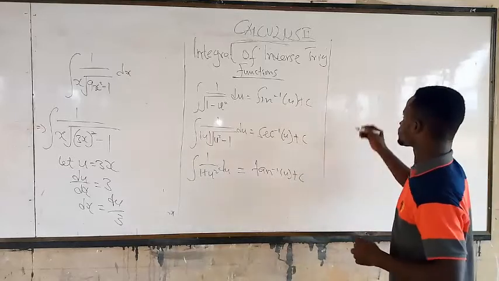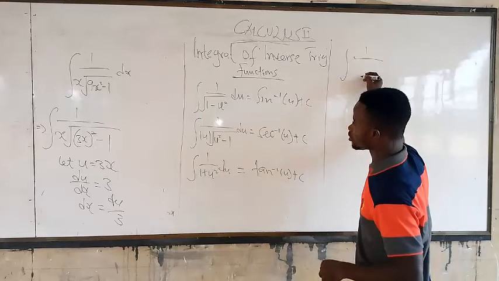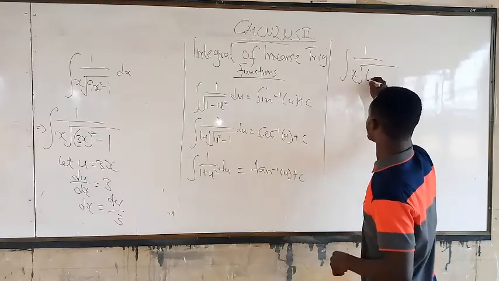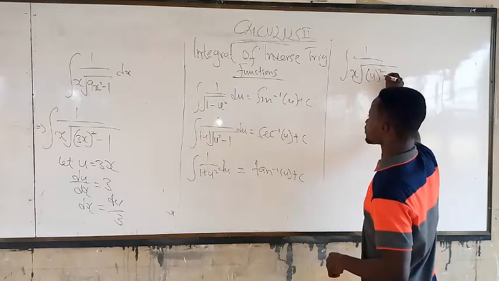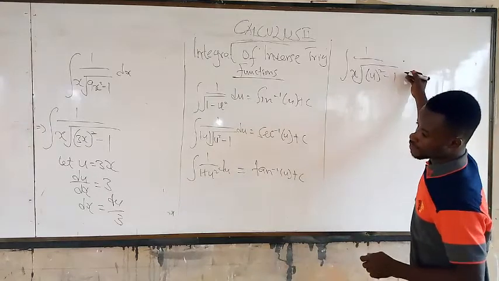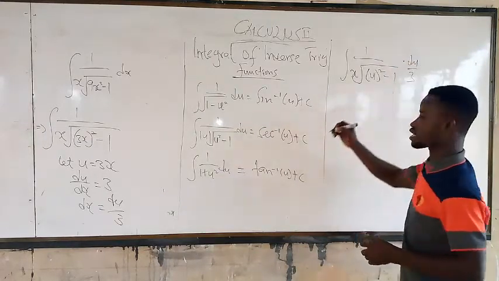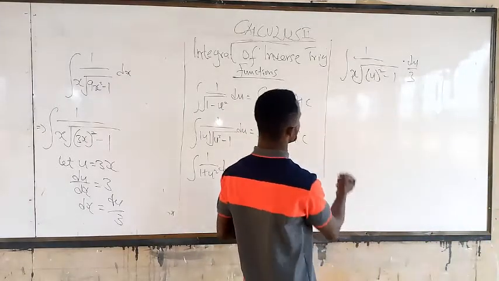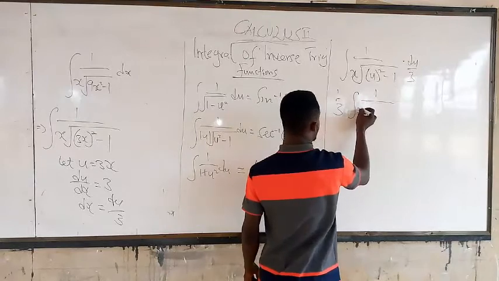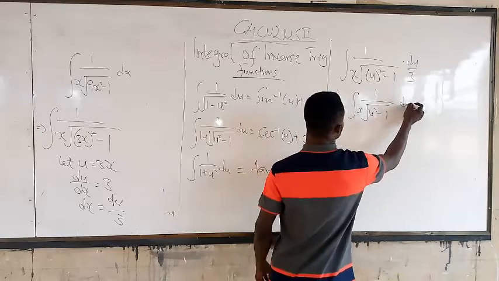Alright, so by substitution we get 1 over s square root of u squared minus 1. And the ds we have here is du over 3. So we have 1 over 3, integral of 1 over s square root of u squared minus 1 du.